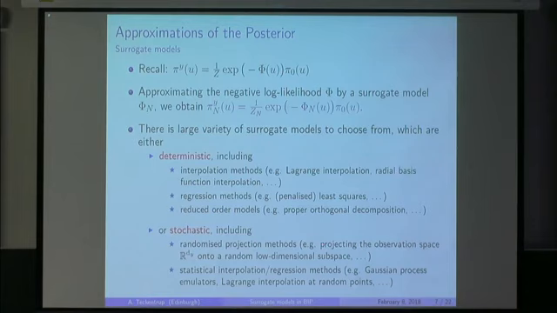Another type of method where some stochasticity is usually involved is projection methods, in particular randomized projection methods. If your input space or your output space is very high dimensional, you might want to project it onto a lower dimensional space, and in that case people very frequently use random projections because there are better algorithms and they usually have better properties.